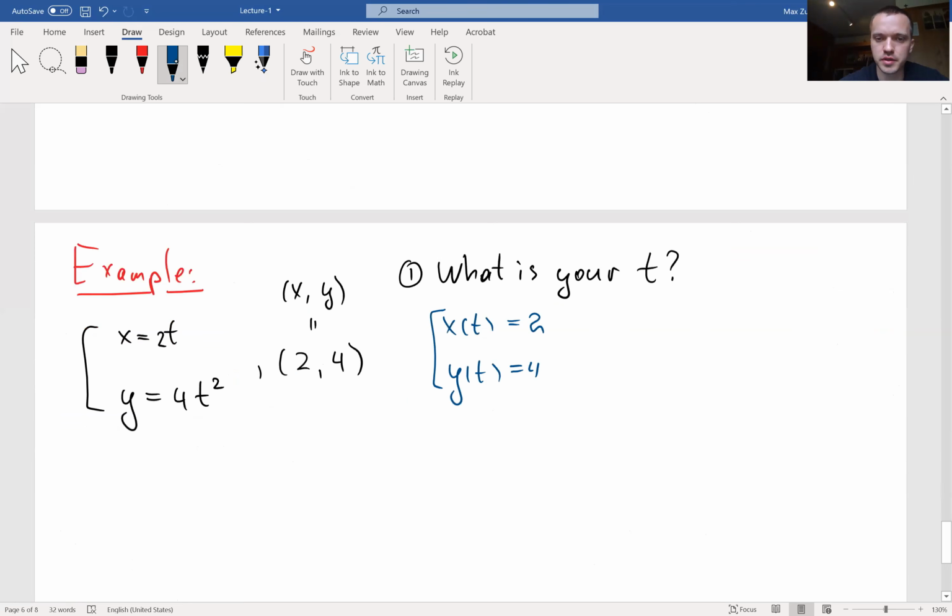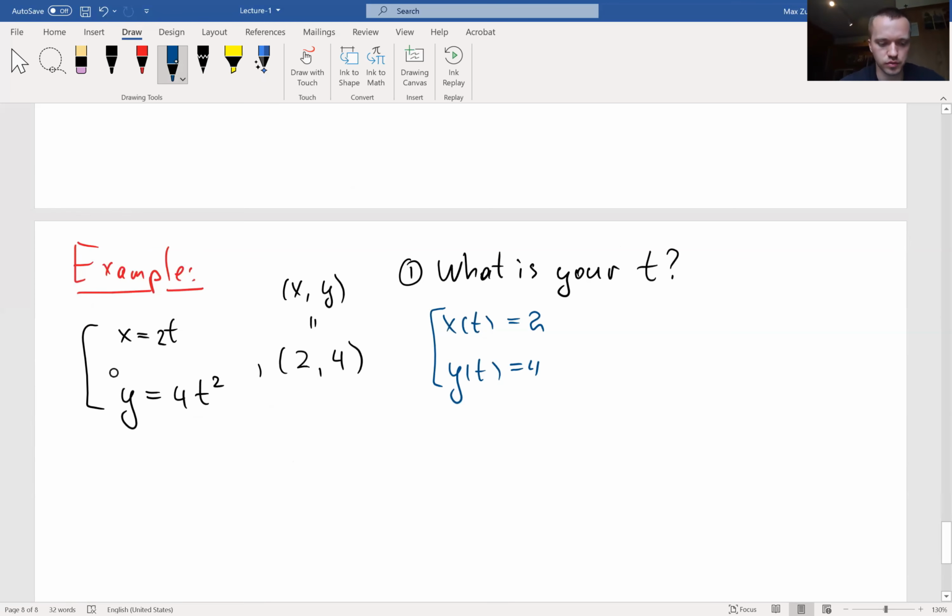From here, x of t is equal to 2t, so 2t is equal to 2. And y of t is equal to 4t squared, which is equal to 4. If I solve the system by dividing the first equation by 2, I'm going to have t is equal to 1.